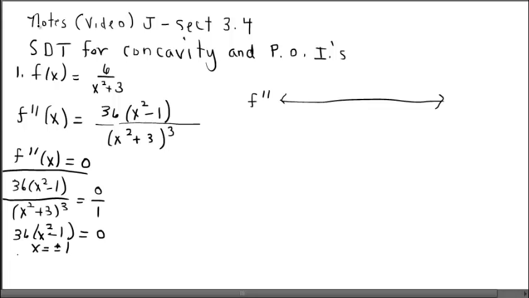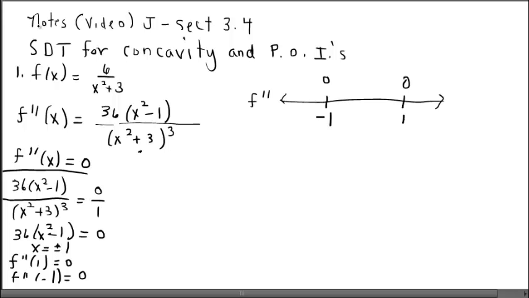Okay, so what that tells us, let's return to some notation, is that the second derivative at 1 is 0, and the second derivative at negative 1 is also 0. So I'm going to come over here and put those values on my number line. So we have 0 second derivatives at those values.